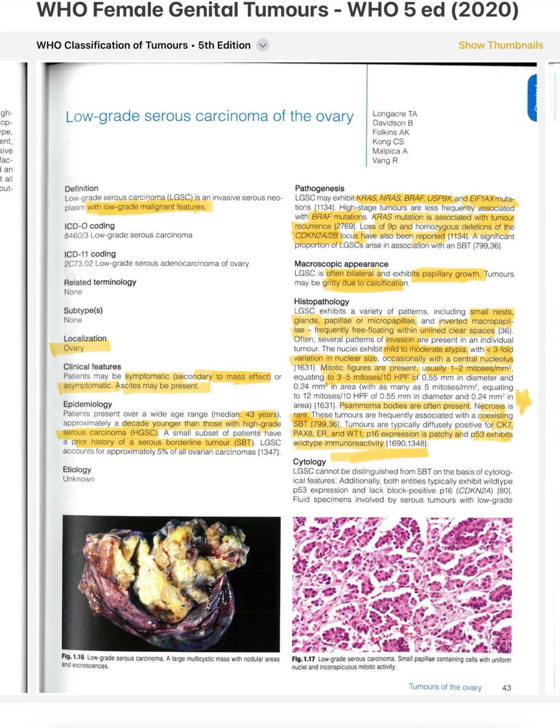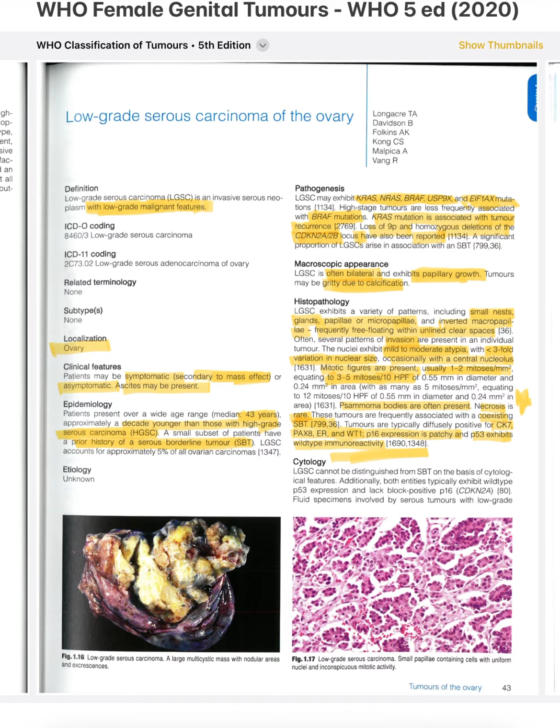So what do we mean by low grade serous? It means the nuclear features show nuclear pleomorphism, but with less than 3-fold variation in nuclear size, mitosis will be low and necrosis will be absent. Psammoma bodies will be present, and there will be an association and history of serous borderline tumor.